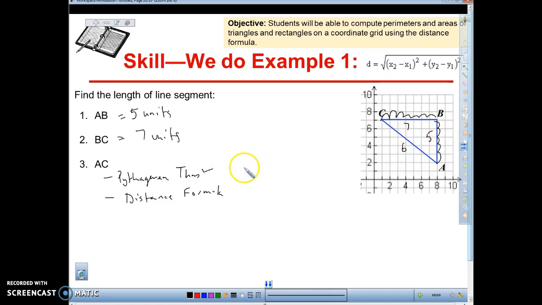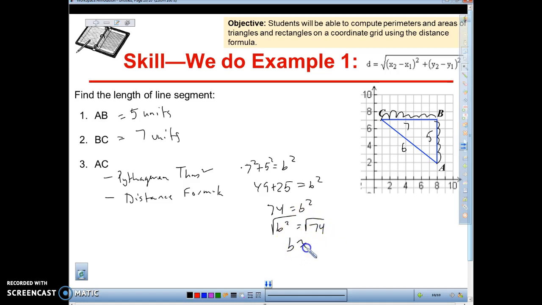I know that b squared is equal to 7 squared plus 5 squared, and that's 49 plus 25 is equal to b squared. This becomes 74 equals b squared, and therefore b is the square root of 74.